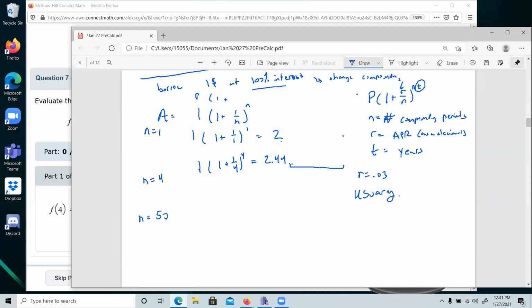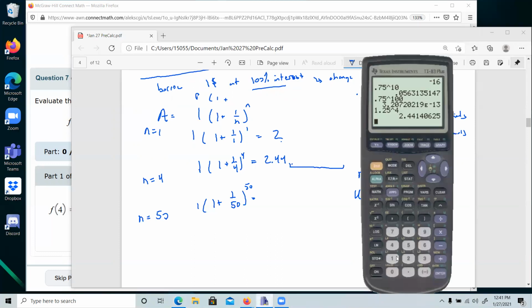How about n equals 50? 50 times a year, like every week. So let's do 1 plus 1 over 50 raised to the 50th power, and let's see what happens. It's 2.69.